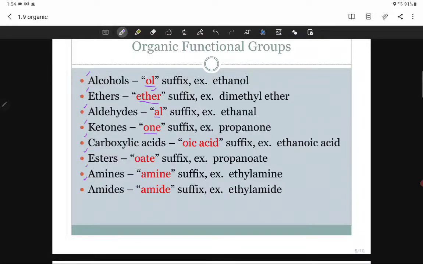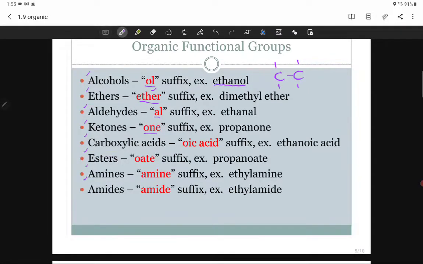Okay, so let's look at a couple of these. Ethanol. So eth means 2 carbons, and then ol means it's an alcohol, and we're going to get to this in the next slide. But what would this look like?